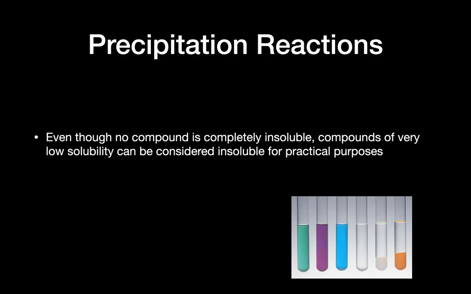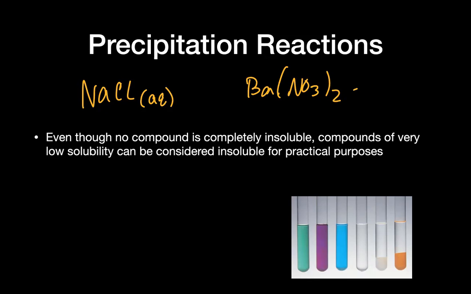Okay, so sometimes when you mix 2 solutions together, an insoluble solid is formed. So even though, let's say in the previous examples, we had sodium chloride and barium nitrate. When we mix those together, here's why it's important to understand what it actually means if I write aq.